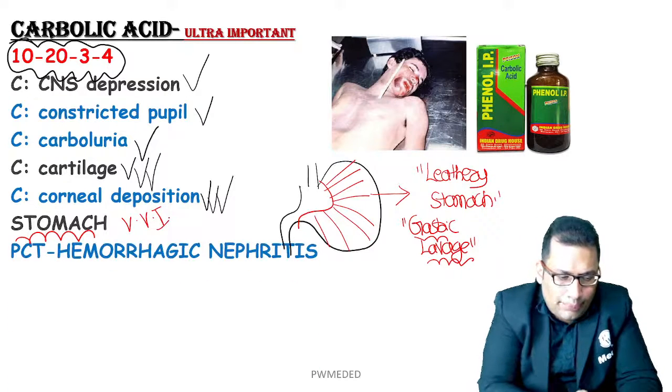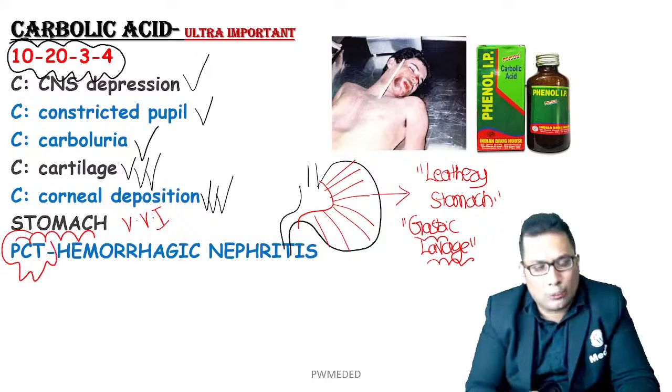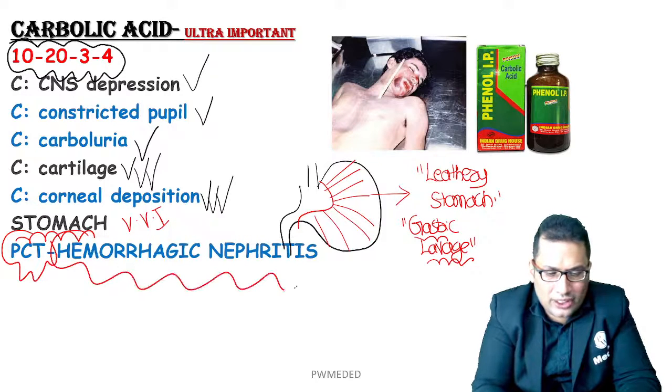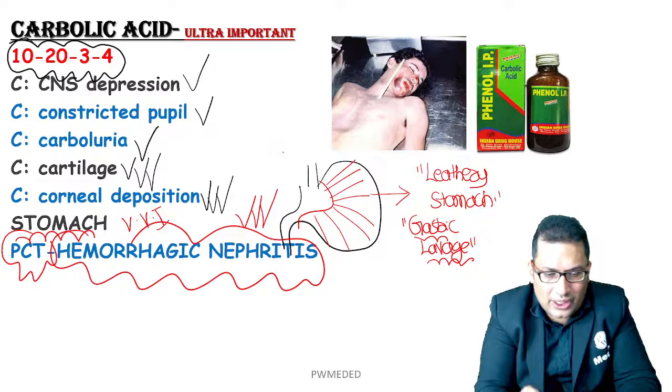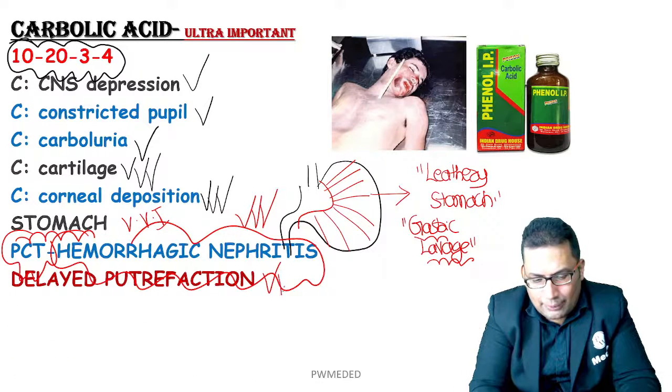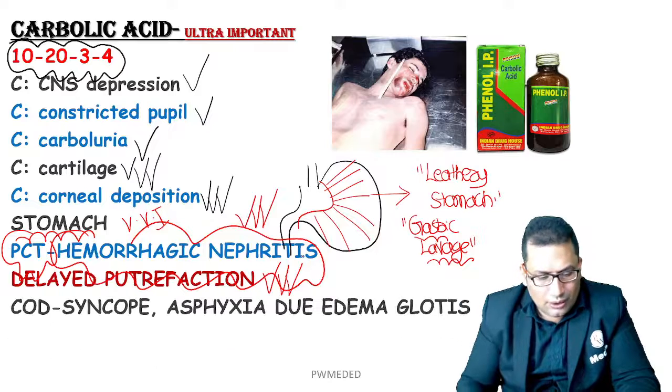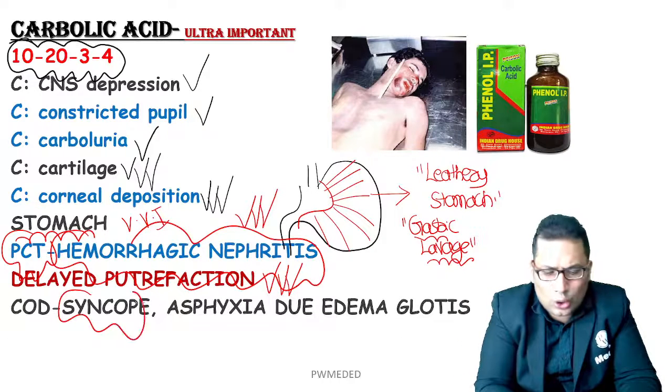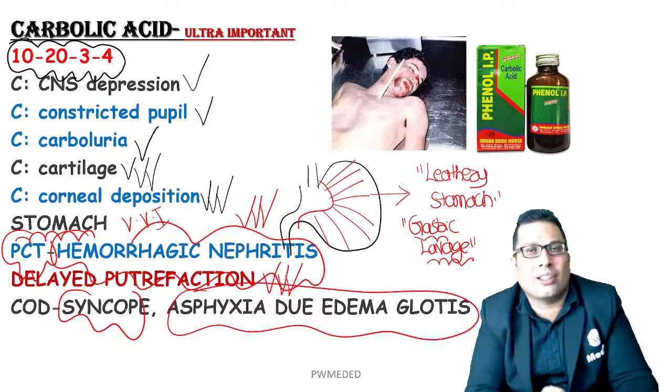And the PCT, the proximal convoluted tubule, leads to hemorrhagic nephritis. Delayed putrefaction can be seen. The cause of death is either syncope or asphyxia due to edema of the glottis.